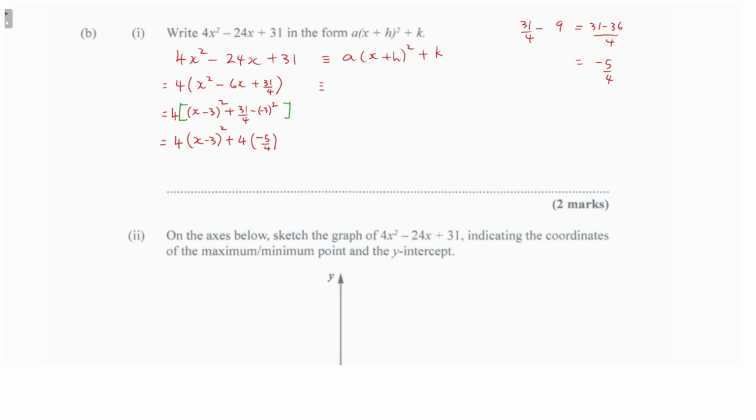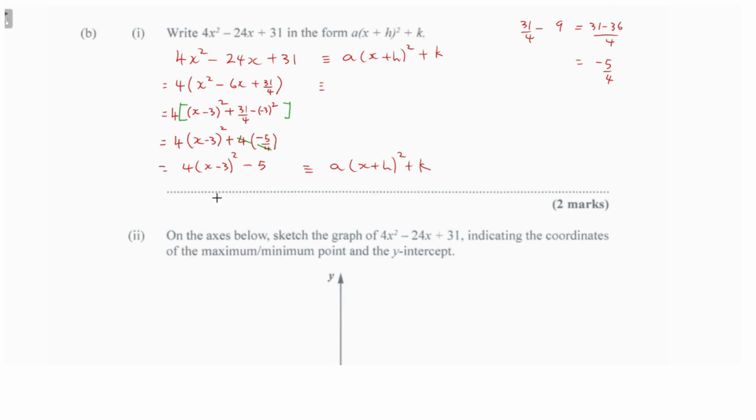And here, this 4 would cancel out this 4. So what we have then is 4 into x minus 3 all squared minus 5. And it is now in the form that is on the right here, which is a into x plus h all squared plus k.